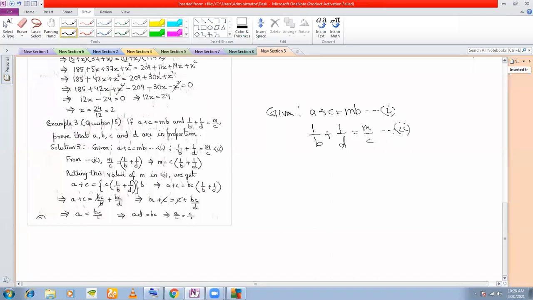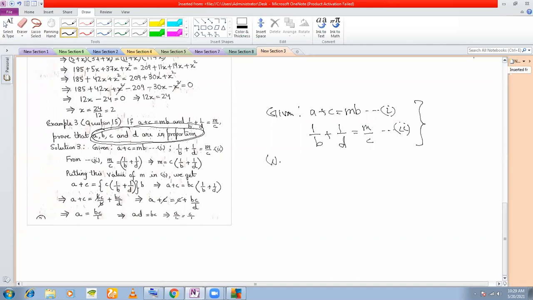Now see, in the question, prove that A, B, C, D are in proportion. Is there any mention of M here? There's no mention of M here, right?